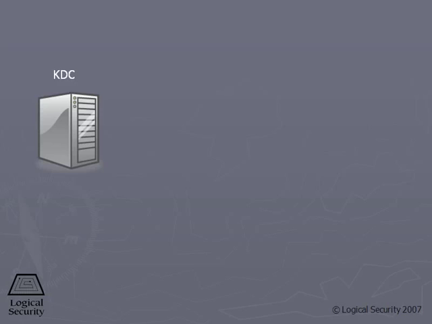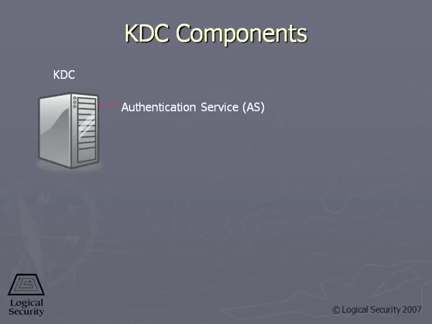The authentication service is where the users, the principals, send over their credential information to get authenticated. And then the ticket granting service is going to allow these users to communicate to other network devices. So let's see how this takes place.